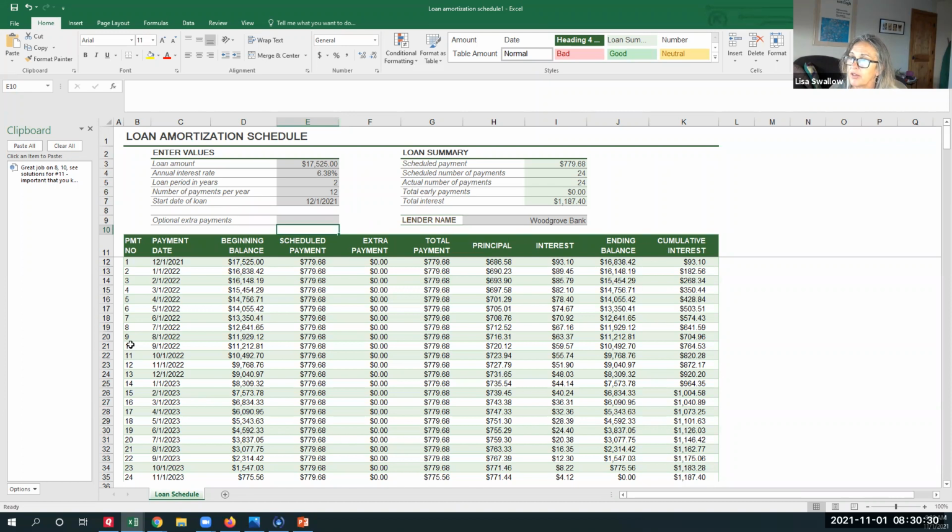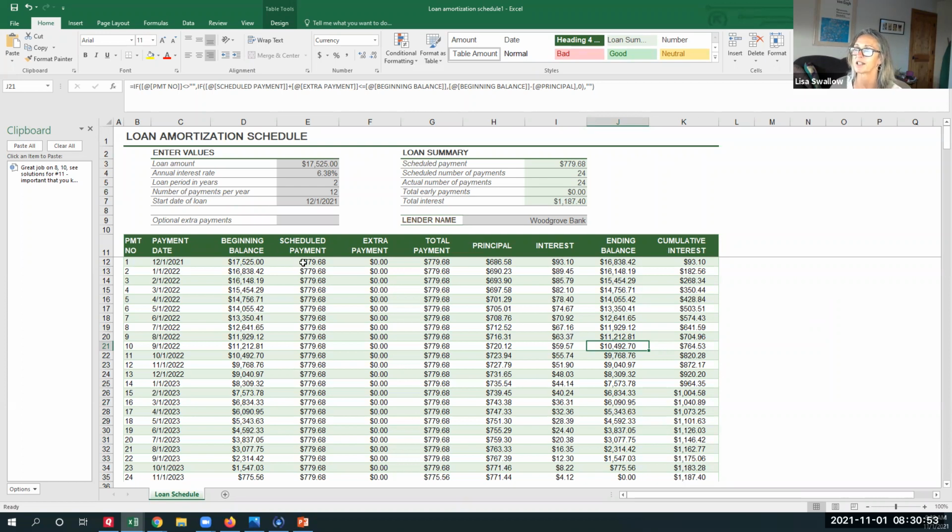Go down to my 10th payment, beginning balance, I make my payment. So after my 10th payment, I'll owe $10,492.